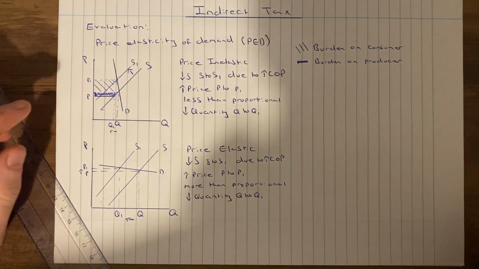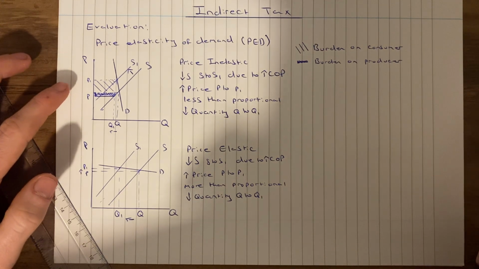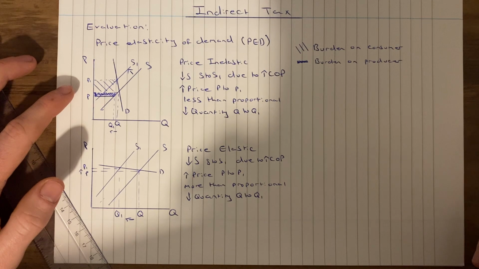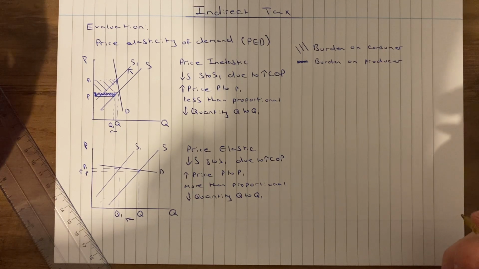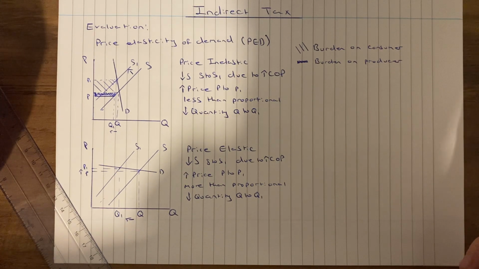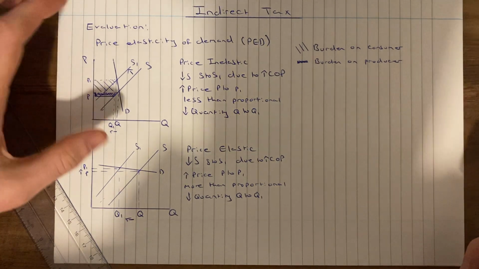And what we can quite clearly see here is if the price elasticity of demand is price inelastic, the burden falls mainly on the consumer. And obviously this can lead to inequity, or some may say this is unfair as a result, and may lead to increased rates of inequality.